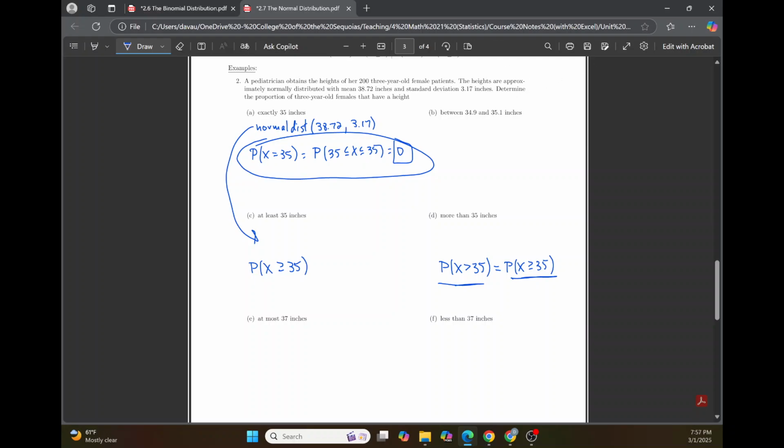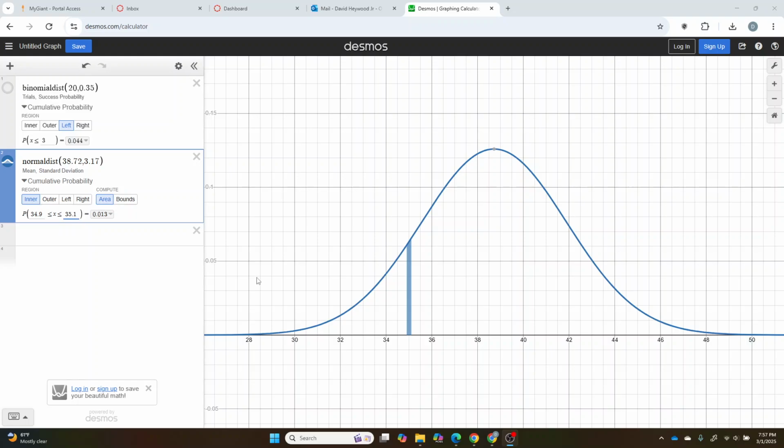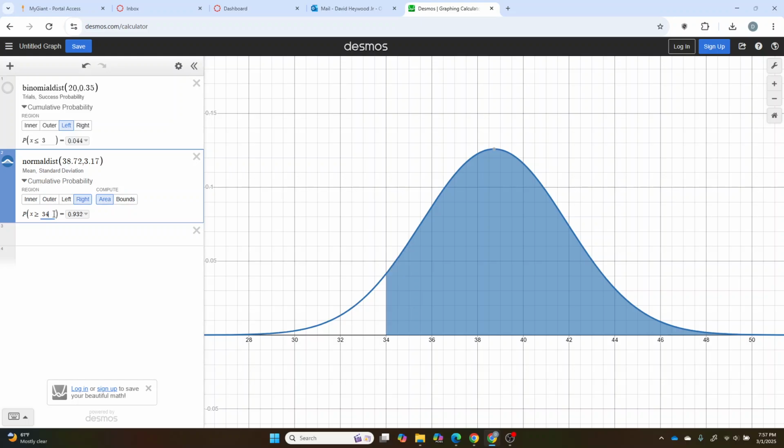Okay, and so let's figure out what that would be in Desmos. So for that, I think we're going to have to look at the right, okay? And we want the probability x is greater than 35, so I'm going to change that to 35. Oops, 35. Okay, and there you go, right? We get that probability. And that would be the same answer for part C and for part D, okay?